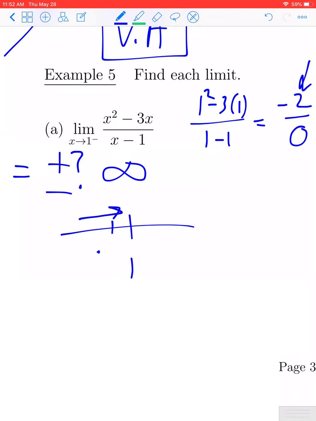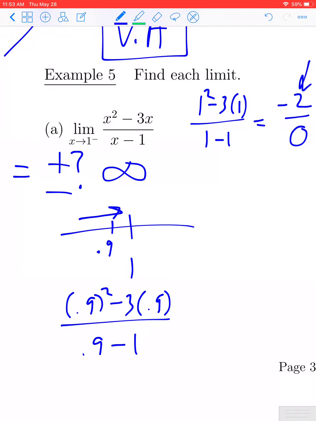For example, if I were to plug in, let's say, 0.9 into this function, 0.9 squared minus 3 times 0.9 divided by 0.9 minus 1, let's see what we would get as a value. So I'm getting out my calculator. I'm going to plug this in.